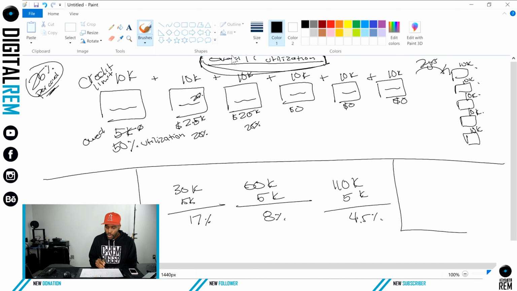When they're looking at your overall utilization, what you want to do is take it from where you were at 50% utilization on one card, because you were still within the limit of the card, but you were at 50% utilization. That doesn't look good. For one, it's not between 2 and 10% of your overall utilization, because when you have one card, this is your overall utilization.